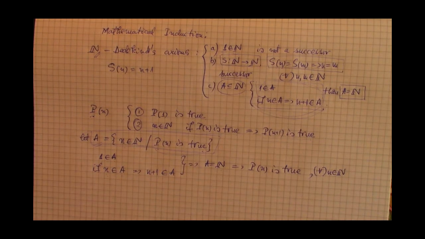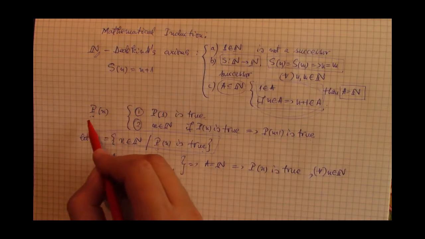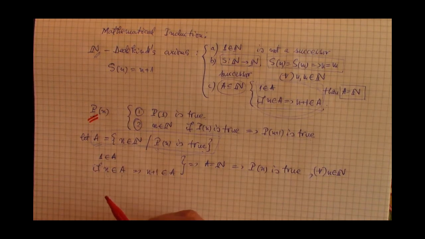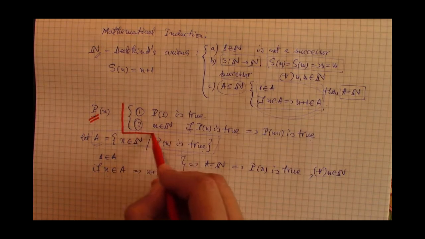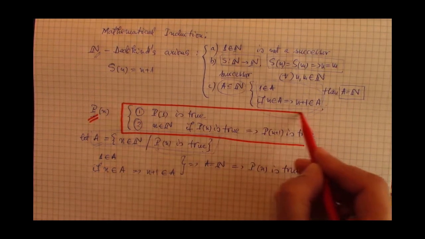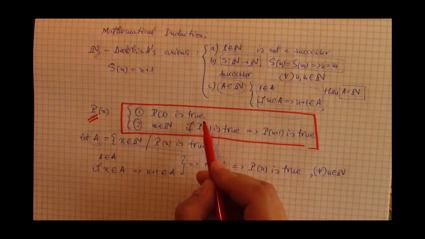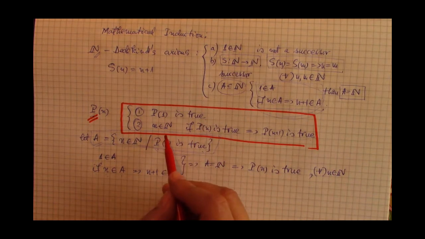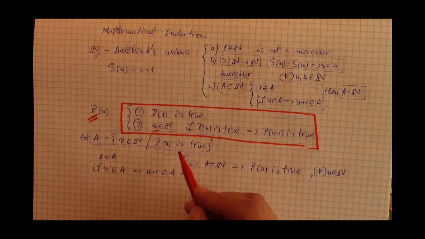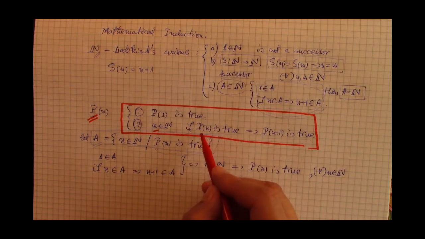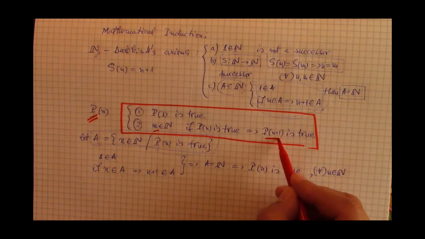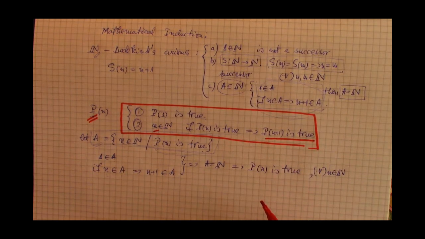Well, actually what we proved is a very important idea. Okay, so we proved that given some sentence that depends on the natural numbers, if we are able to prove that P of 1 is true, and given some n, a natural number, if P of n is true, we can prove that P of n plus 1 is true, all right?